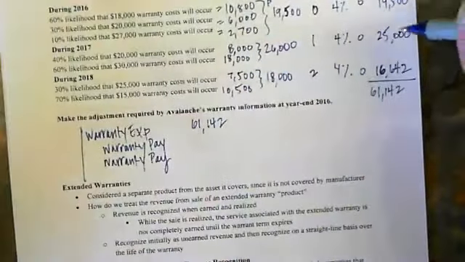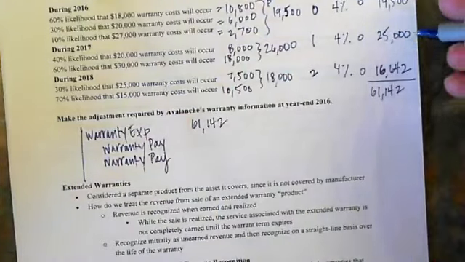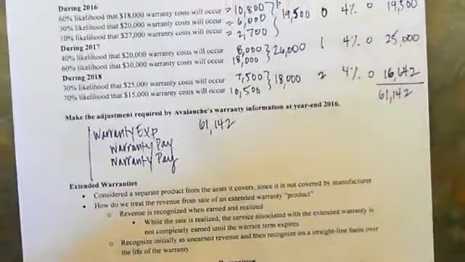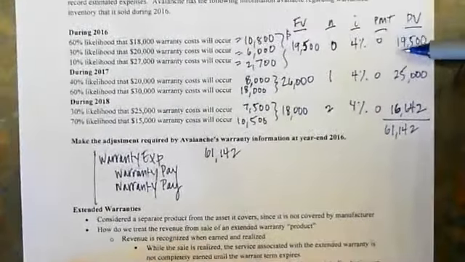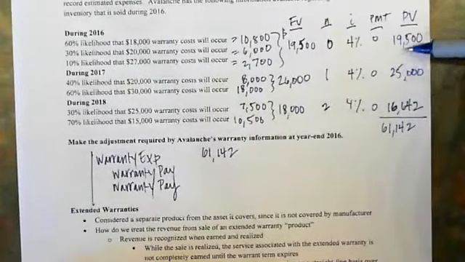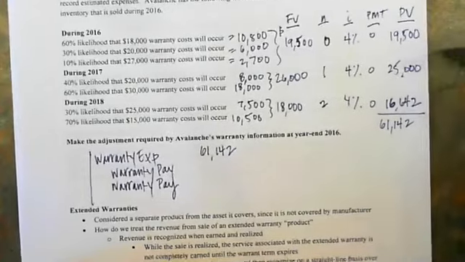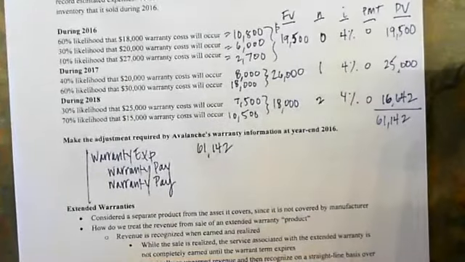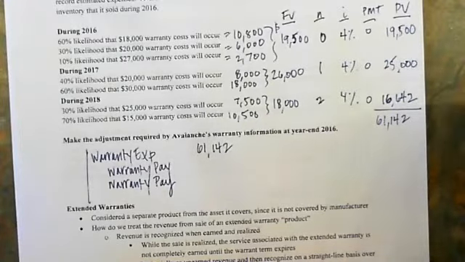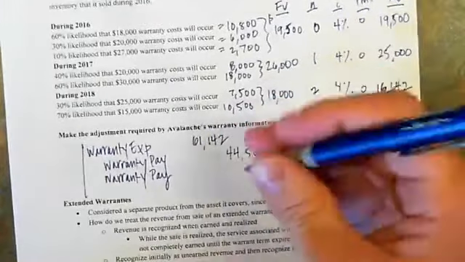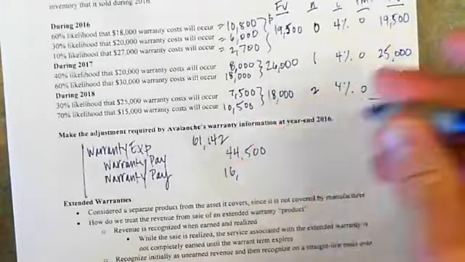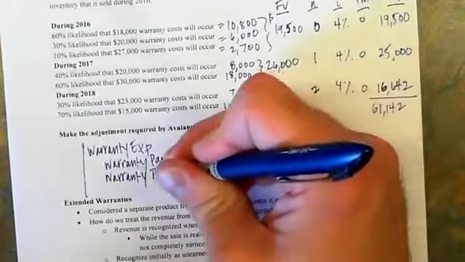And then you would record the long-term, short-terms again, 19,500. Depending on when you were recording this, so we'll go ahead and record both of these as current. If we're at, say, December 31st, 2016, then that would be 44,500. And the final one would be the long-term, 16,642.